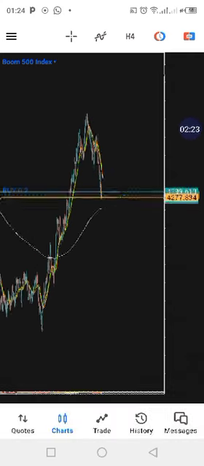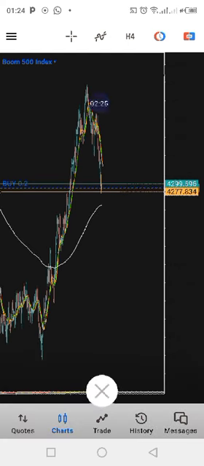The price is up here, above it. So this is an uptrend, though it seems to be having a reversal. The market is coming down. I believe it has reached the overbought level. From the oversold level, it has gotten to the overbought level, so it's going down.